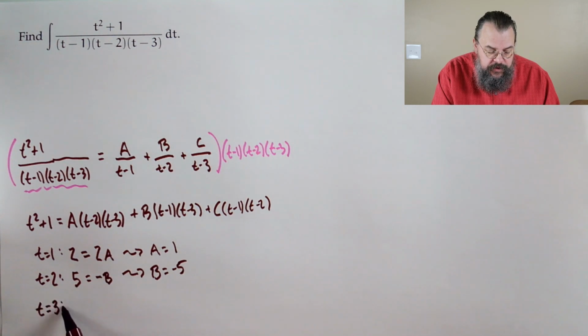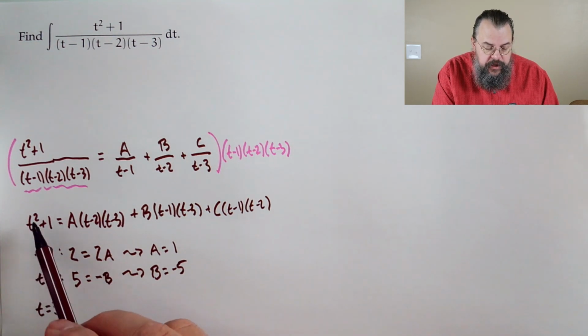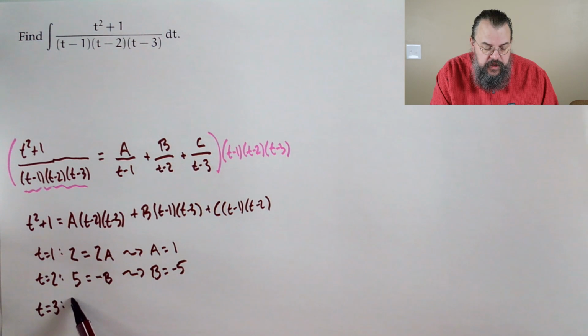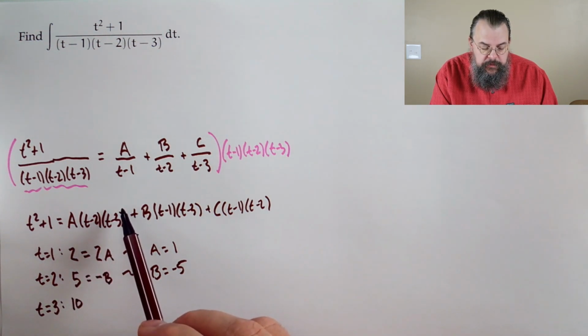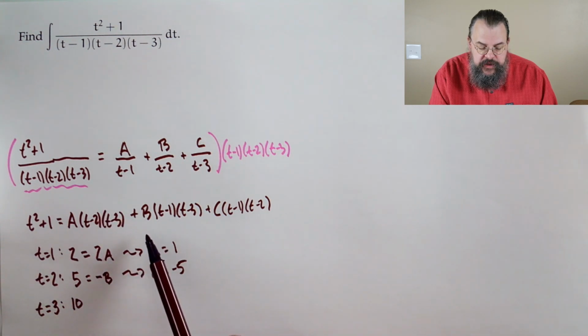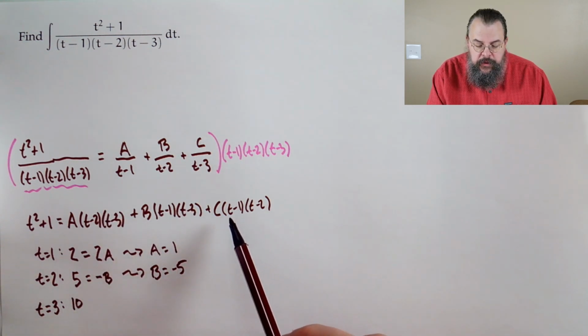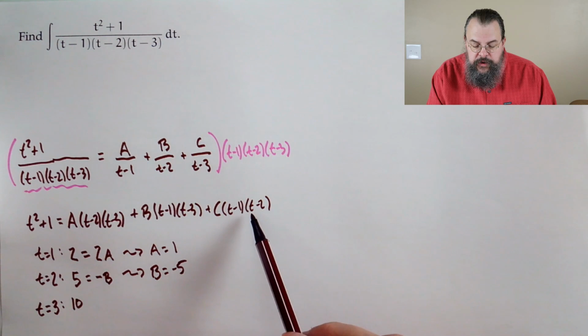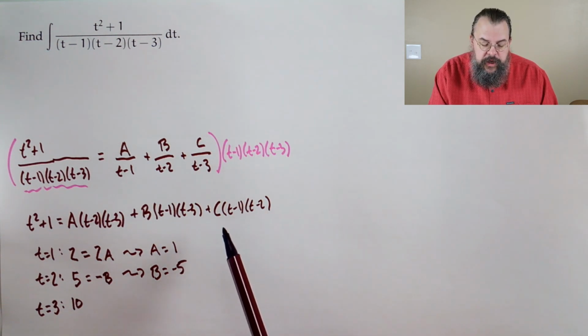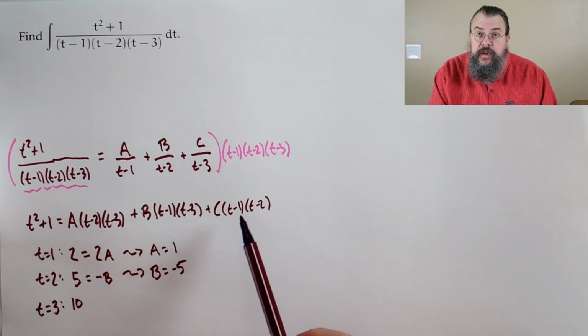Well, t equals 3, right? 3 squared plus 1. 9 plus 1 makes 10. t minus 3, when you plug in 3, that knocks out the first term and the second term. 3 minus 1, 2. 3 minus 2 is 1. So we're going to have 2C.